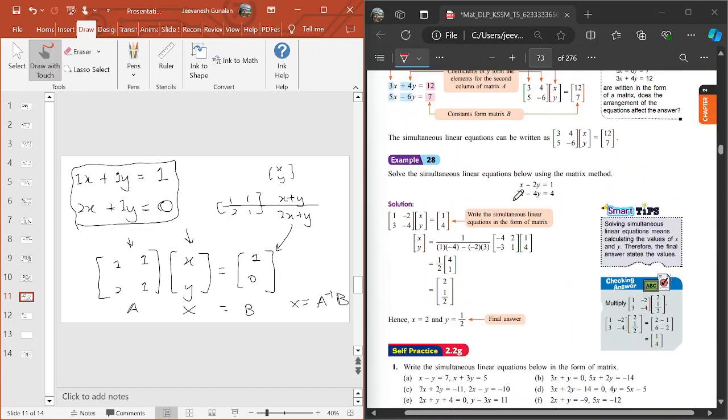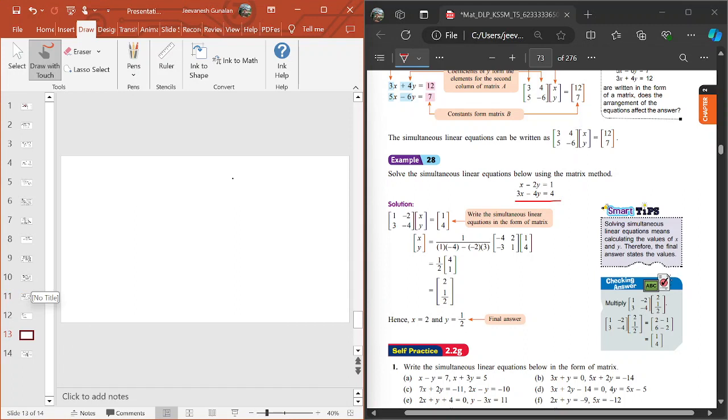Okay, let's see this. x minus 2y is equal to 1. 3x minus 4y is equal to 4.